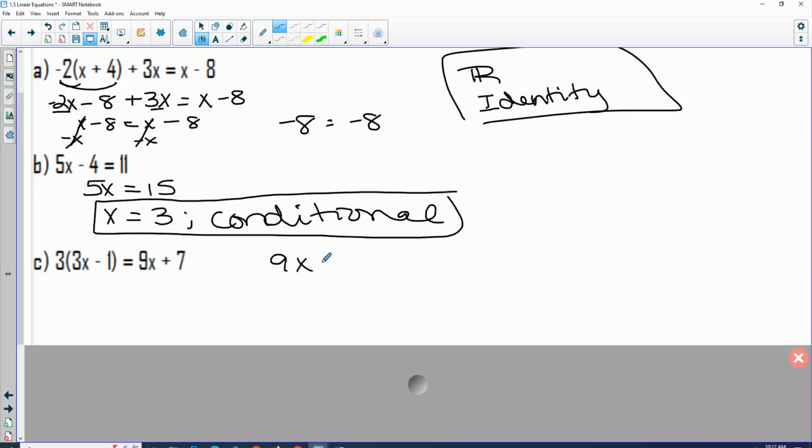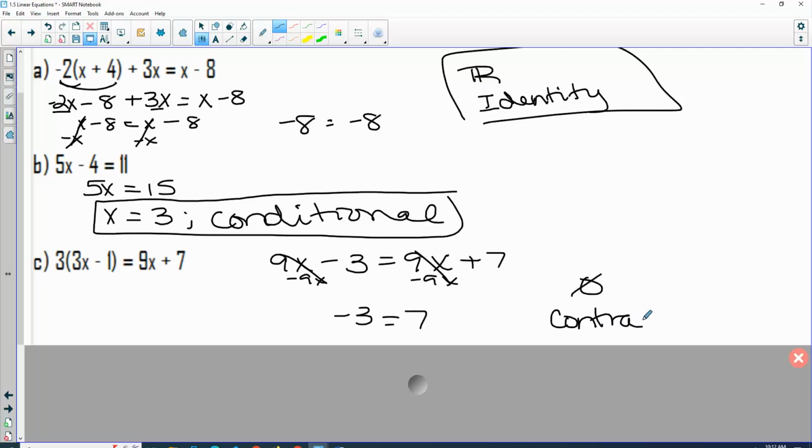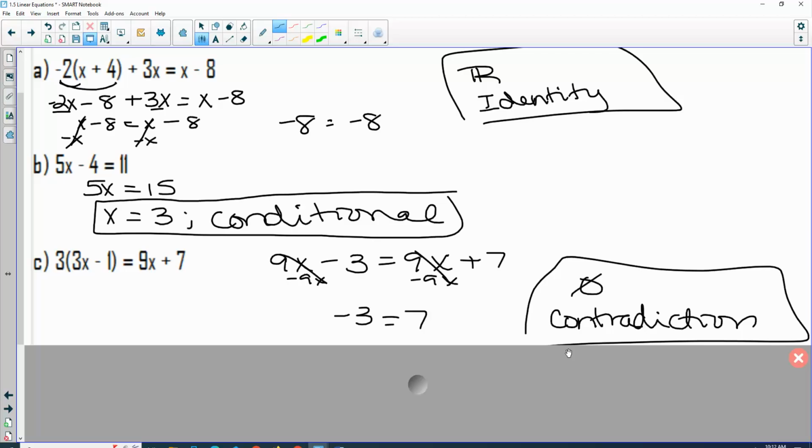So 9x minus 9 equals, or minus 3, sorry, equals 9x plus 7. When you subtract your 9x, we have -3 equals 7. So what is the actual solution? No solution. Then what type is it? Looked like we did fine with those. Do we need any more practice with that?